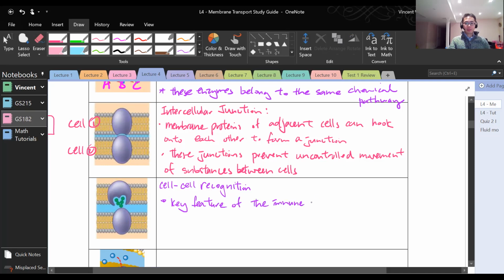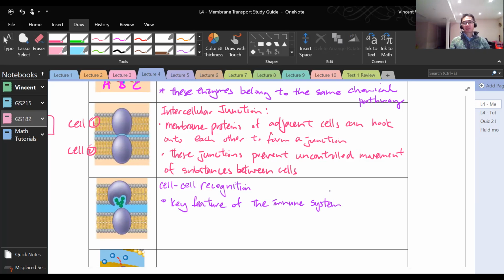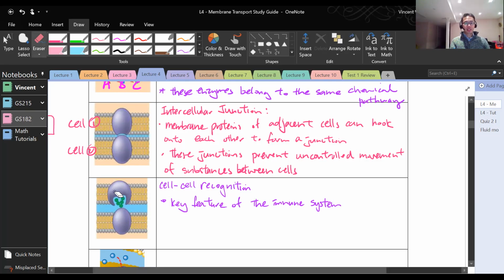You're going to learn about the immune system next semester, and your white blood cells, for example, would have to check what is on the surface of each of the cells. And if it sees something that doesn't belong to the body, then they recognize it and it will attack it. Okay, so in this case, this would be a white blood cell, and then this would be another cell.